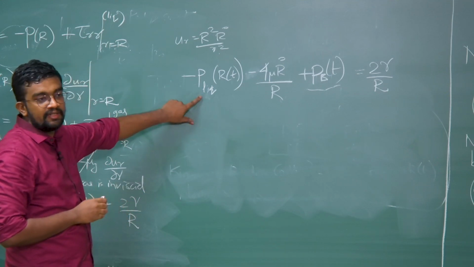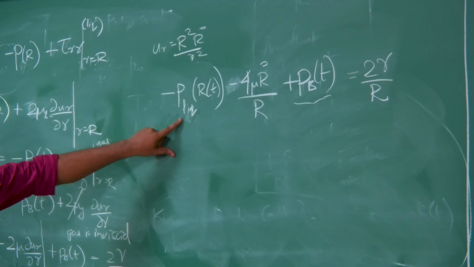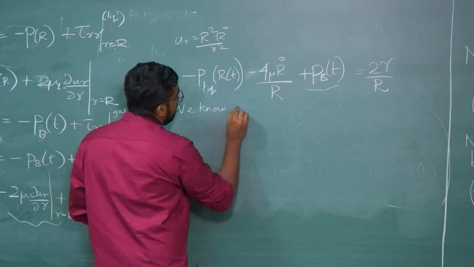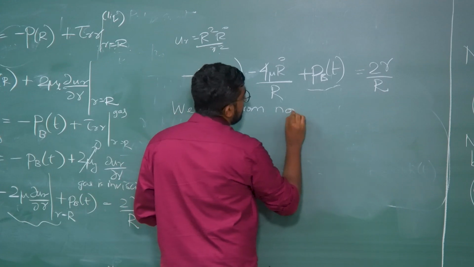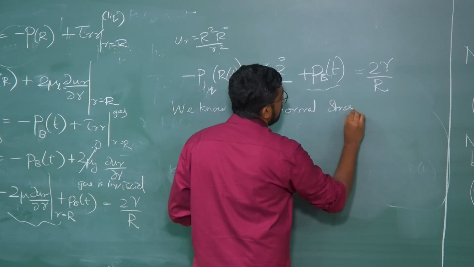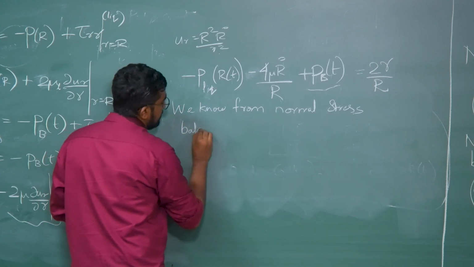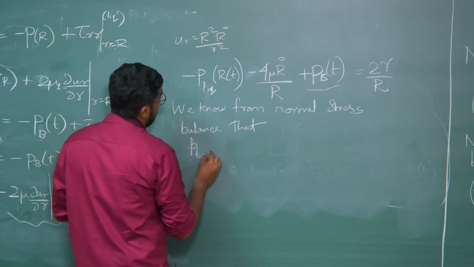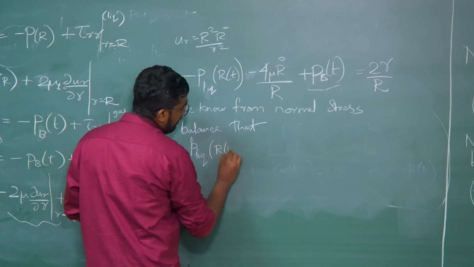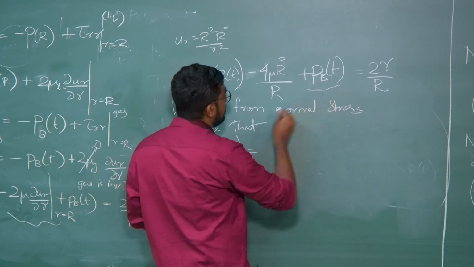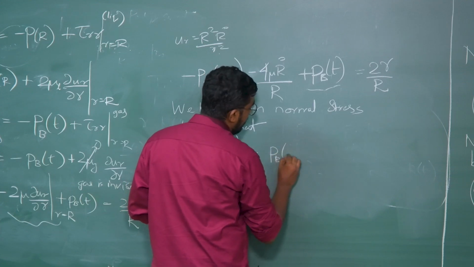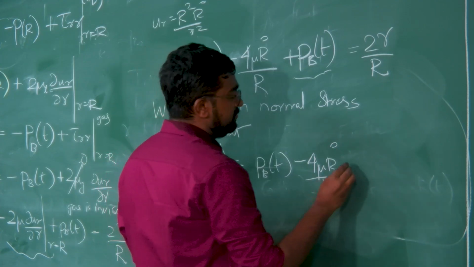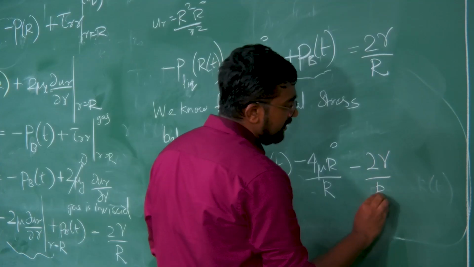We need to find the liquid pressure at r equal to capital R. From the normal stress balance, P liquid at R for any given time is given by Pb at any given time minus 4 mu R dot by R minus 2 gamma by capital R.